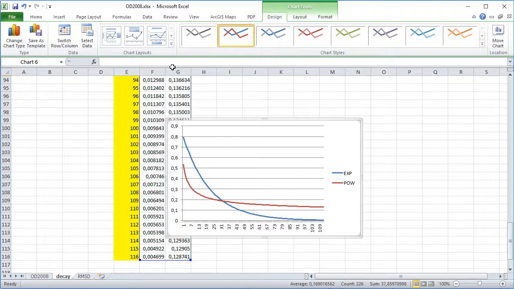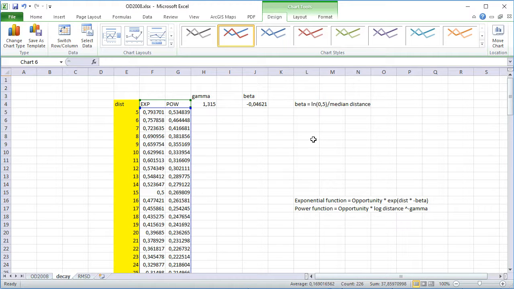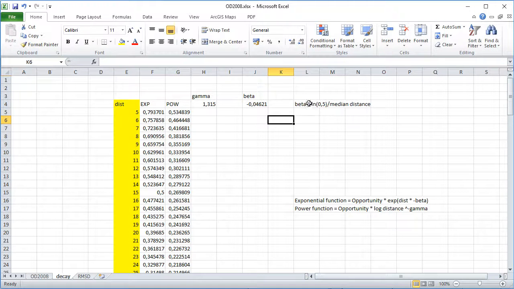So this is the mathematical specification of the decaying model, which means that we've got now 3 different values. And the third value in this case is because we in fact do have not only a made-up value of the exponential function, we do know the observed median commuting distance for the Swedish population.